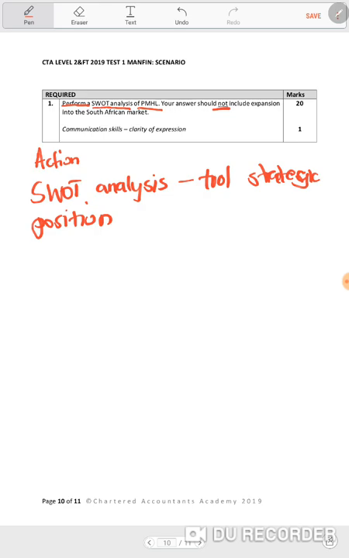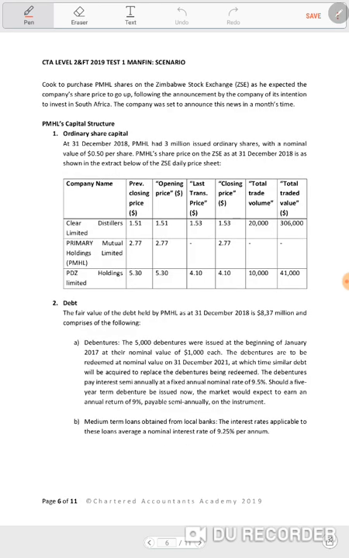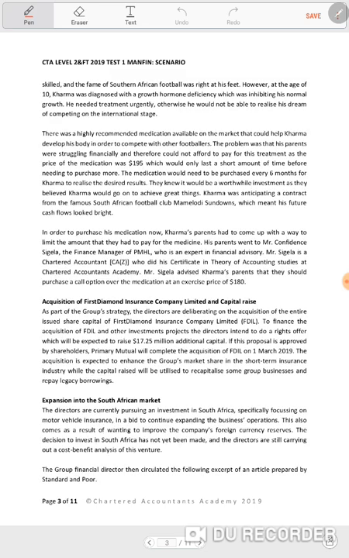Now, as we want to answer our required, let's go back to our scenario. So we want to look for the section where it's written expansion into the South African market. So this specific section has been scoped out.